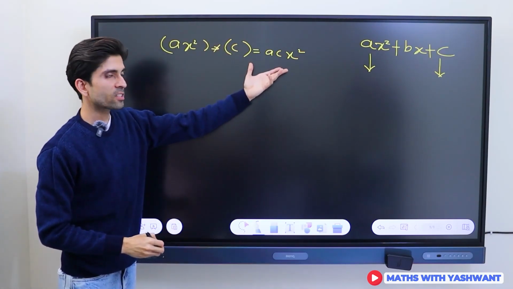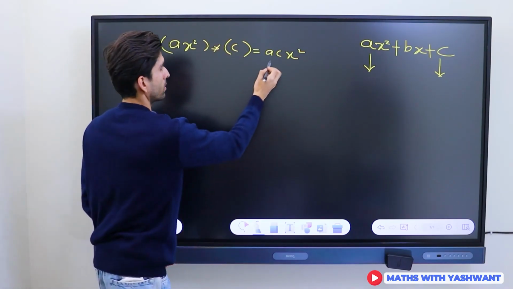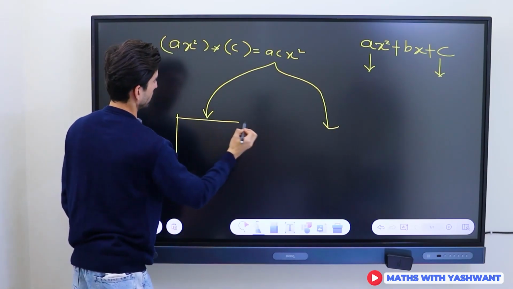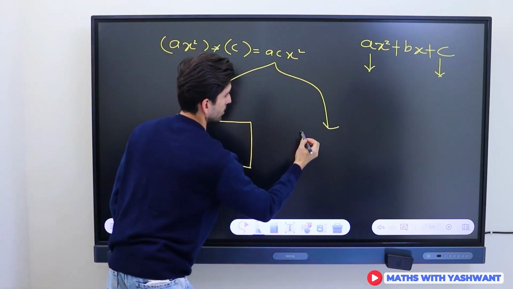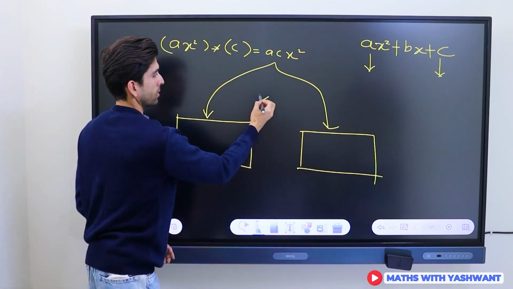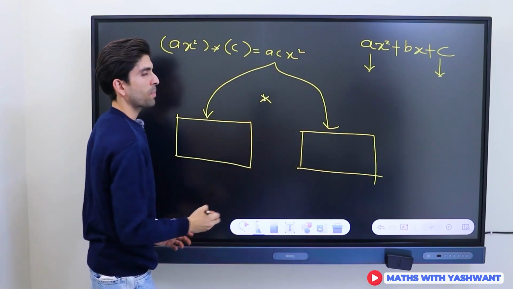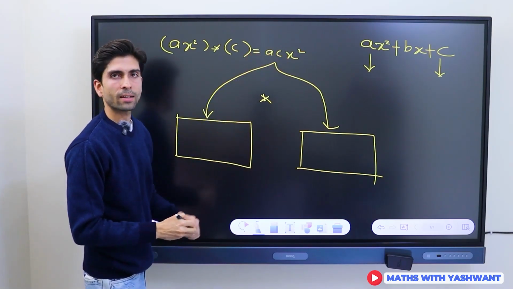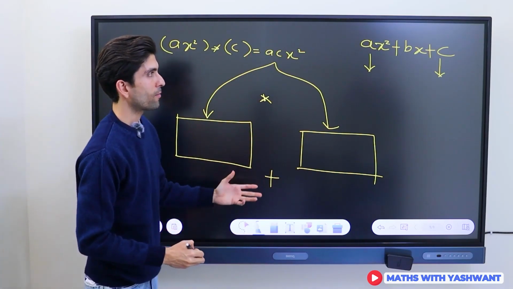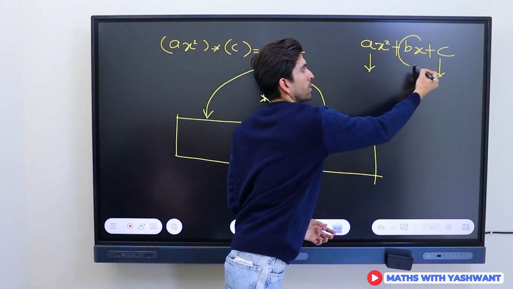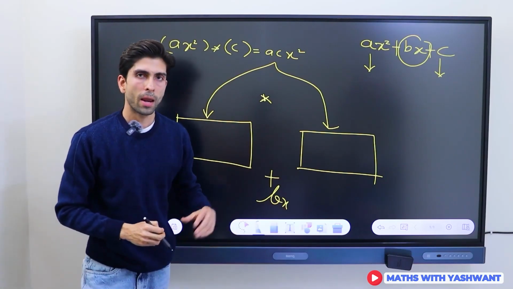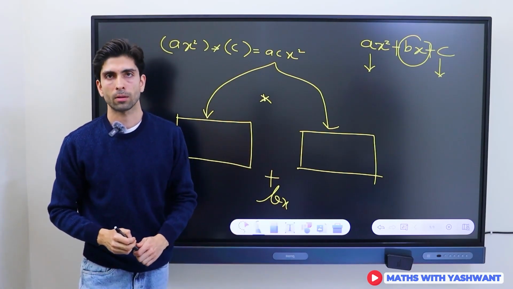Now we will split this product into two parts in such a way that if we multiply these split parts, we again get back acx squared, and if we add these split parts, we get the middle term of our quadratic, bx. That's why we name this method the middle term splitting method.